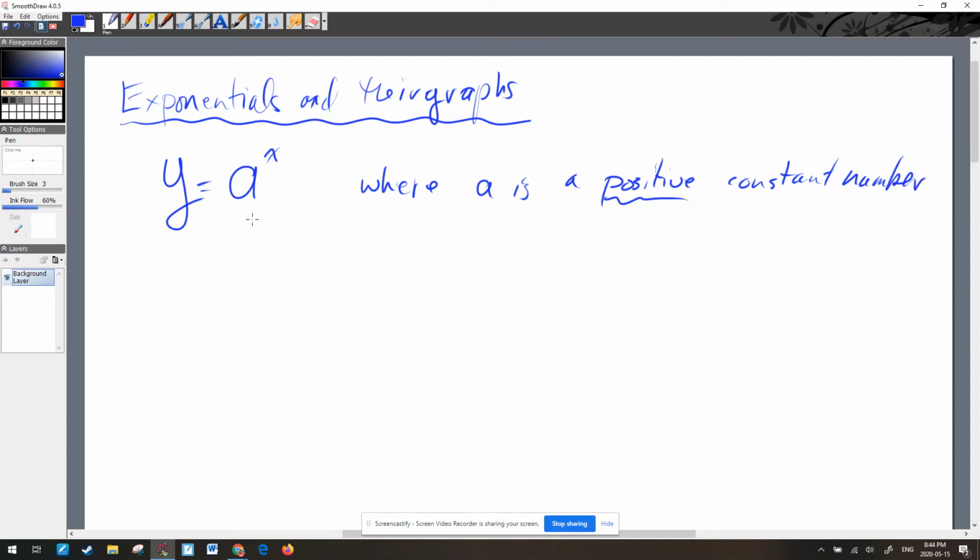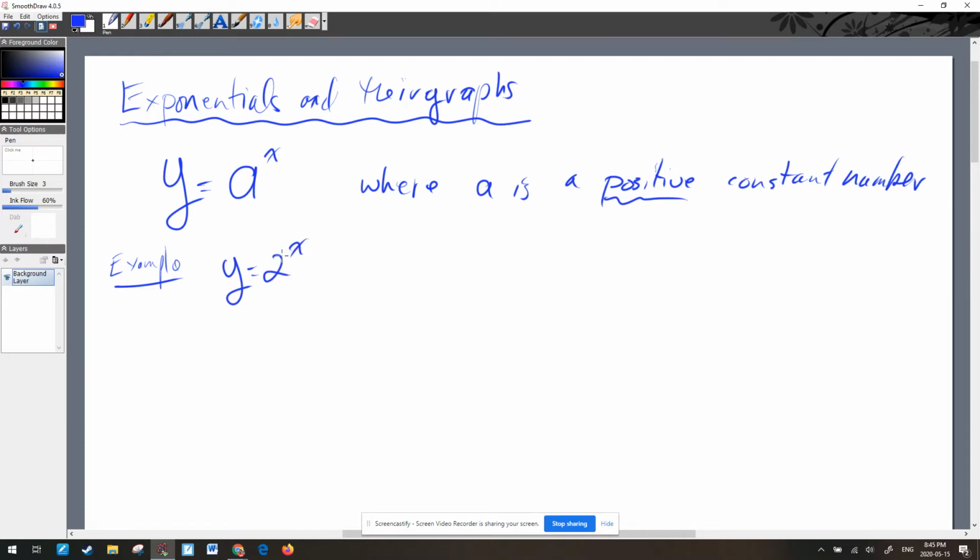Okay, so y equals a to the exponent x. We're going to do more than this, but this is where we're going to start from. So let's look at, as an example, y equals 2 to the exponent x.